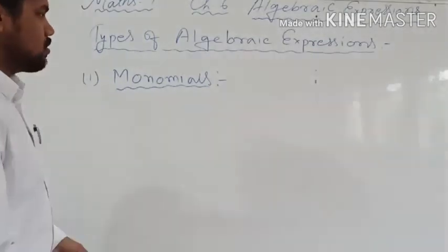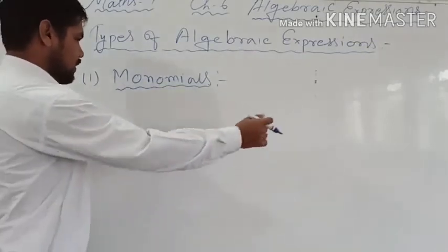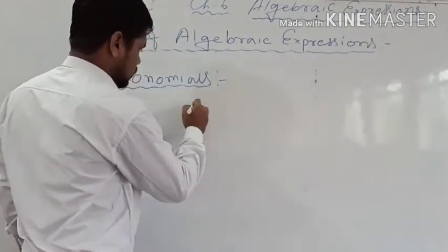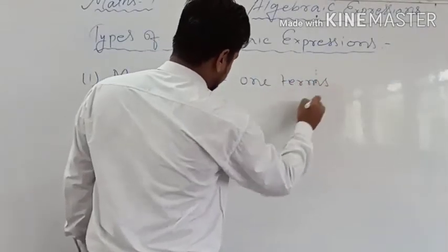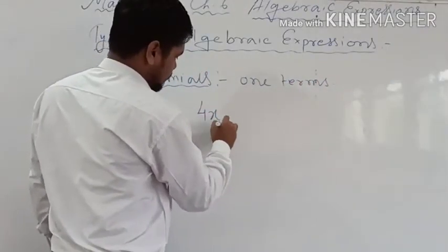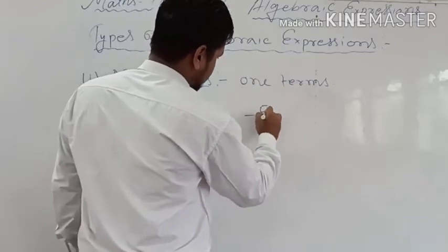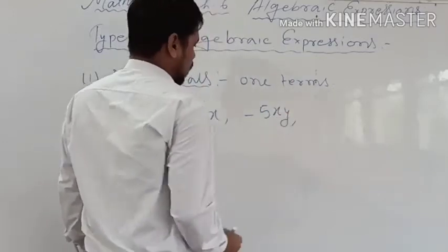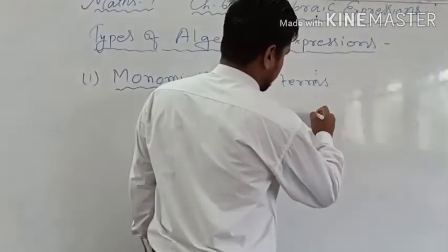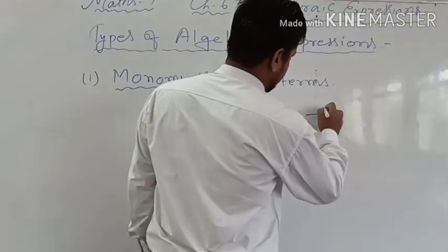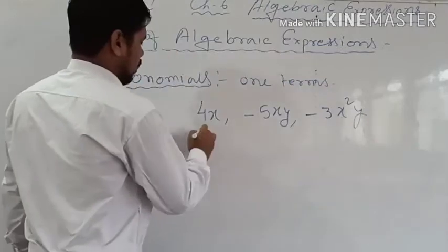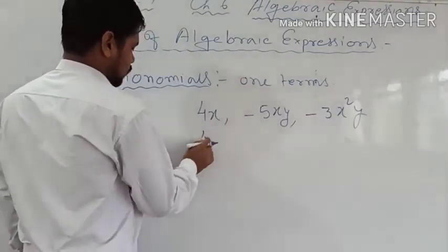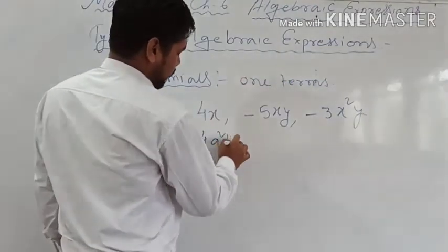So one term means what? For example, 4x. So here it will be one term. As like 4x, or minus 5xy, or minus 3x square y, or 4a square b.